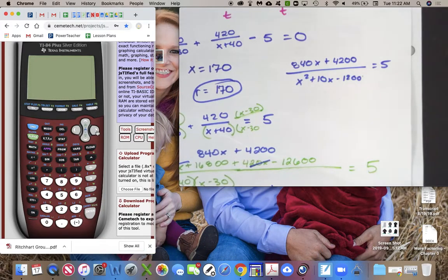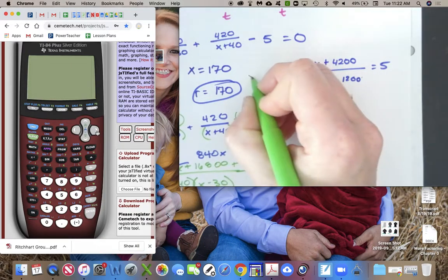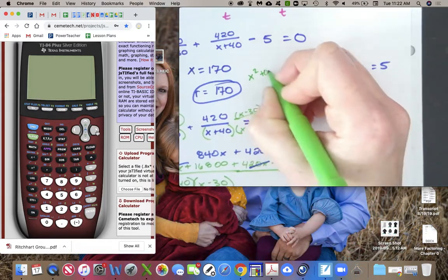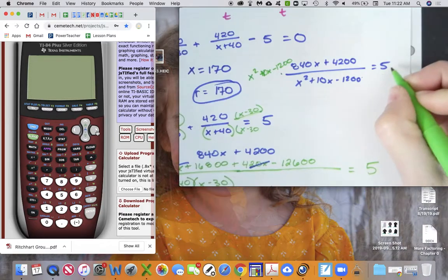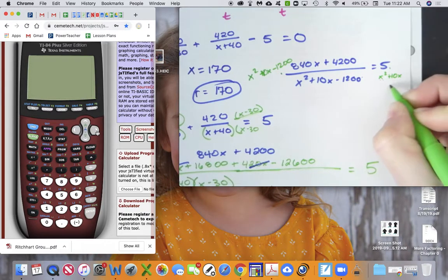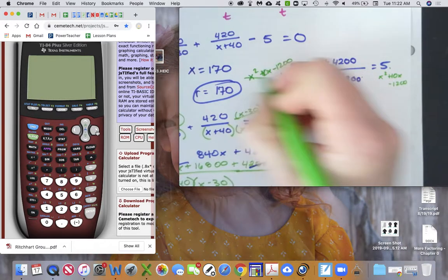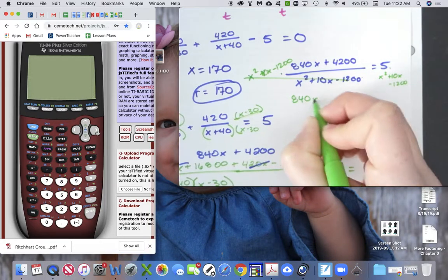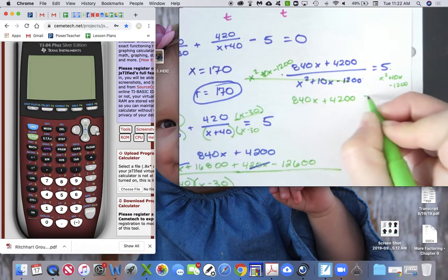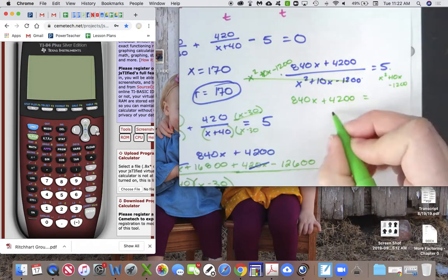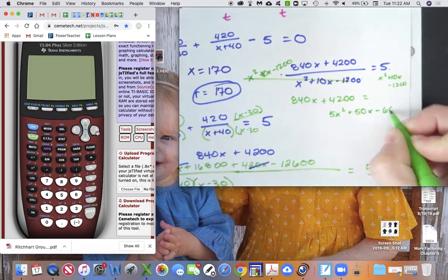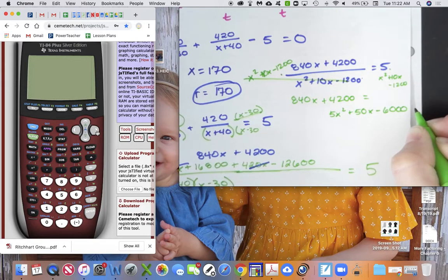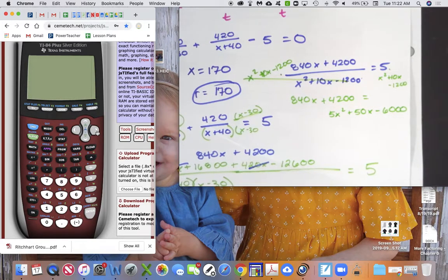So multiply by the x squared plus 10x minus 1,200: 840x plus 4,200 equals 5 times x squared plus 10x minus 1,200. Now we're getting closer.